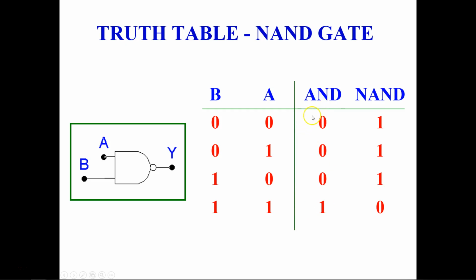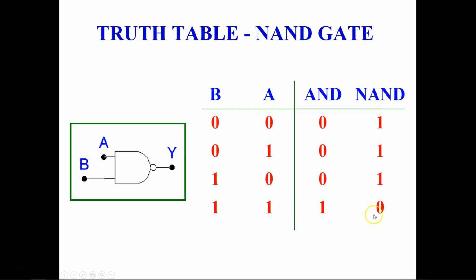And now we can complement these outputs, and whatever complement values we get will be our main output for the NAND gate. So you see here, this is the AND output. The first output from the AND gate is 0, so the complement of that is 1, and same with this 0 to 1, and this was 1, so now it's going to be 0.